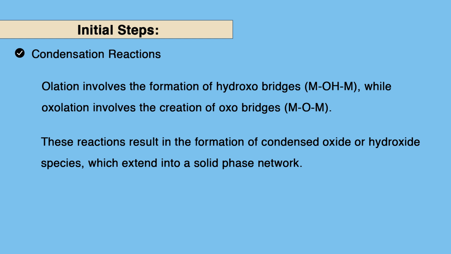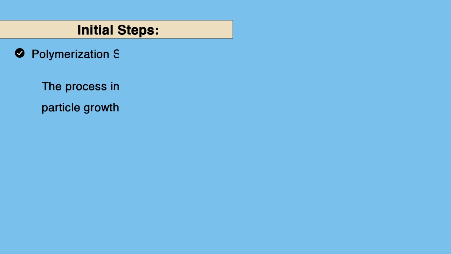The condensation reaction, olation, involves the formation of M-OH-M bridges, while oxolation involves the creation of oxo bridges, that is M-O-M. These reactions result in the formation of condensed oxide or hydroxide species, which extend into a solid phase network.